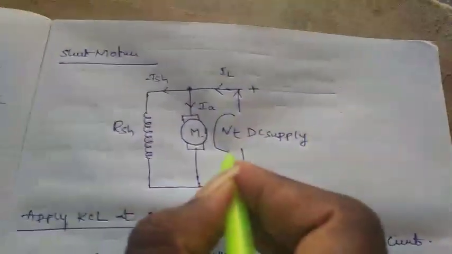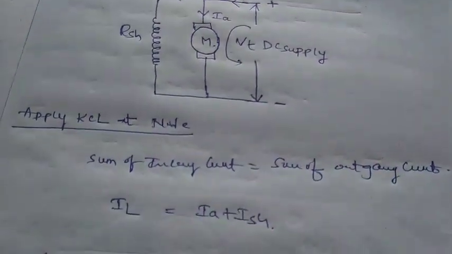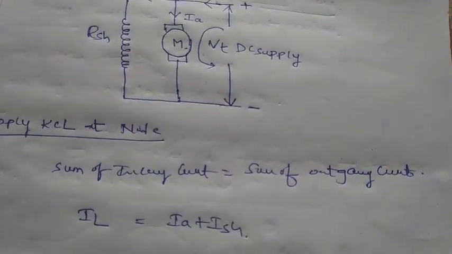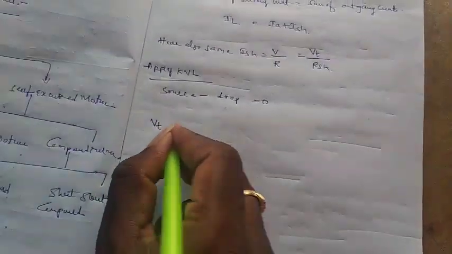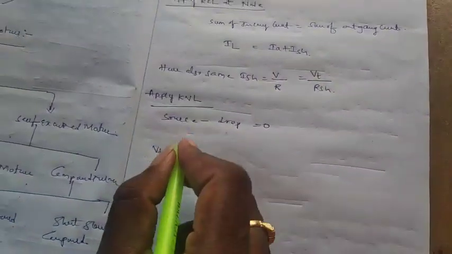So apply Kirchhoff voltage law. That means source minus drop equals 0. Where the source is the terminal voltage, minus drop. Where is the drop occurring?